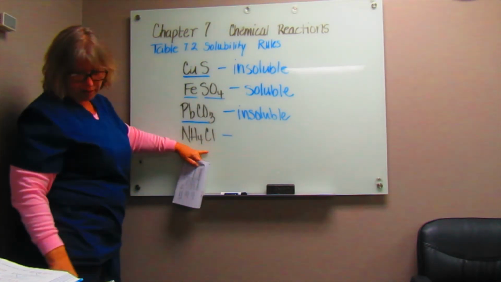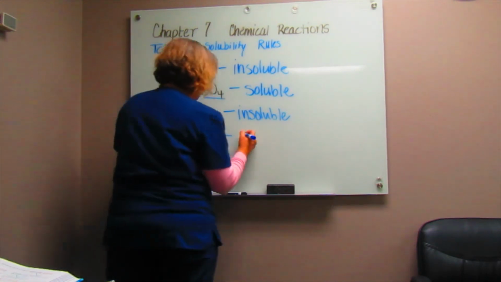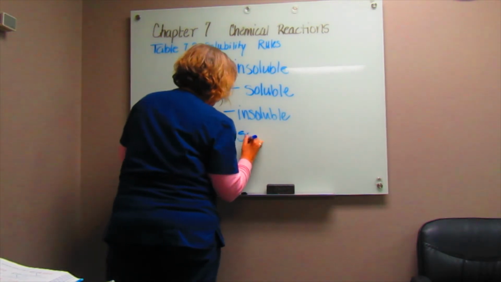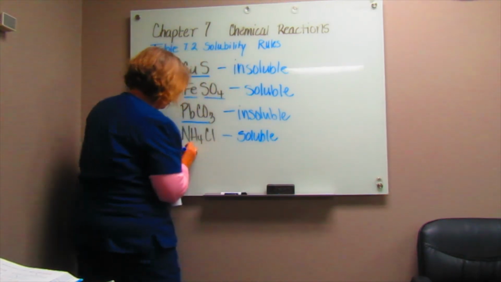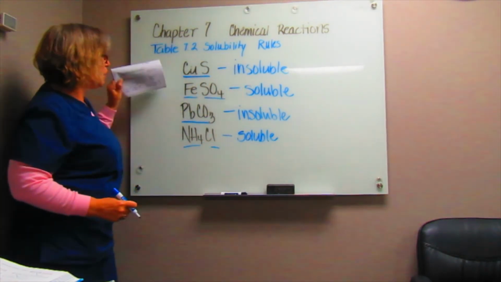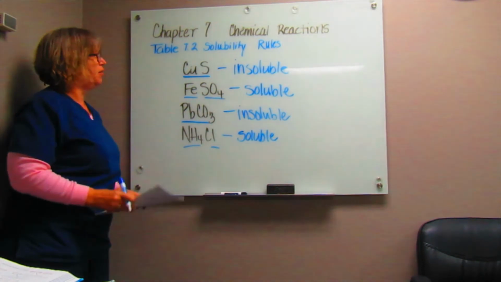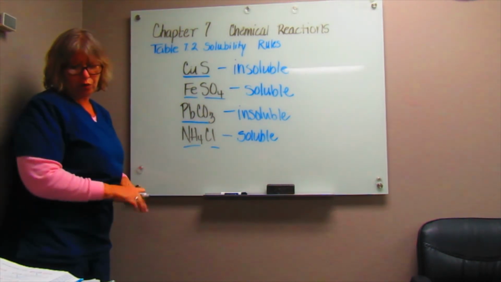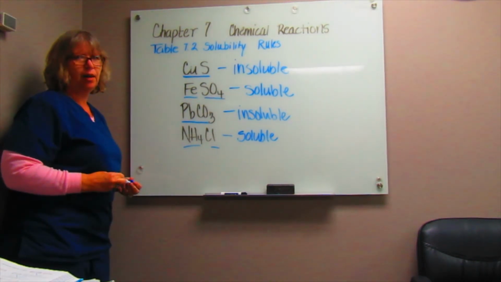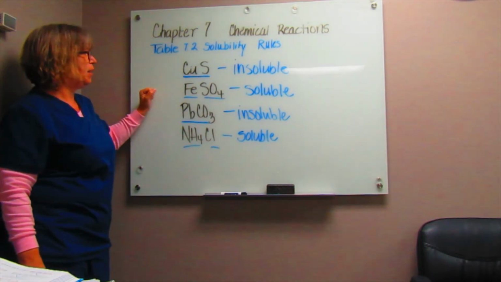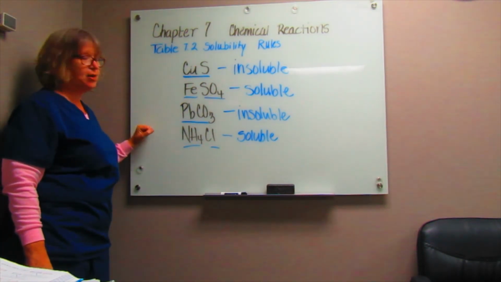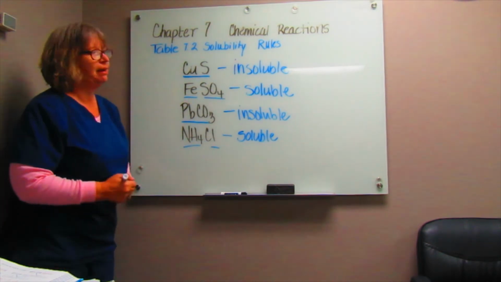This is not lead, so this is going to be a soluble substance. Okay? So I just wanted to show you very quickly the solubility rules. Your professor is going to go over it in more detail, but as you are putting your compounds together and writing your equations, you're going to have to identify these.